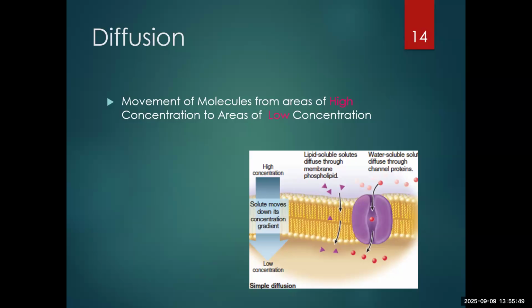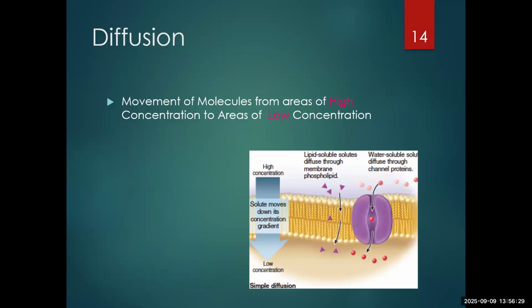Steroid hormones are hormones that are small lipids that include things like estrogen, testosterone. So they are very small. They're little pieces of lipid that can float right through. So they diffuse from areas of high concentration to areas of low concentration.